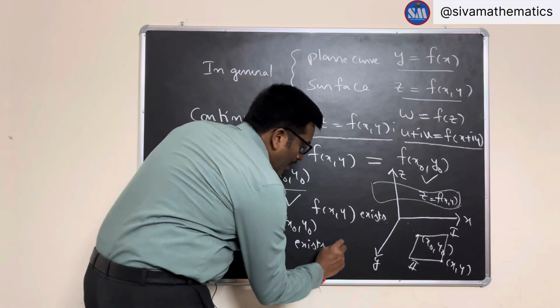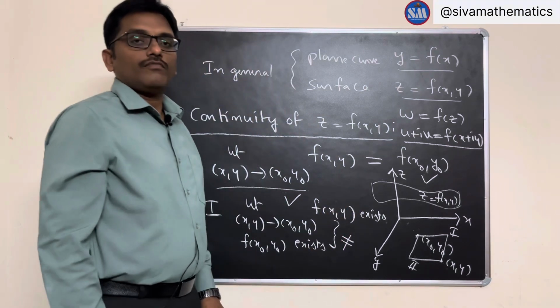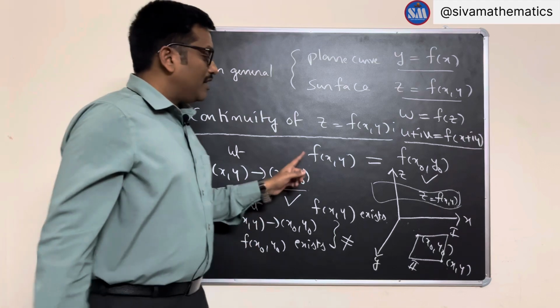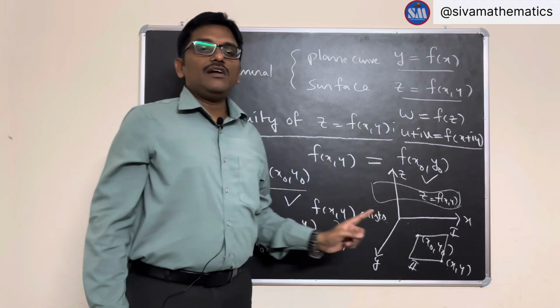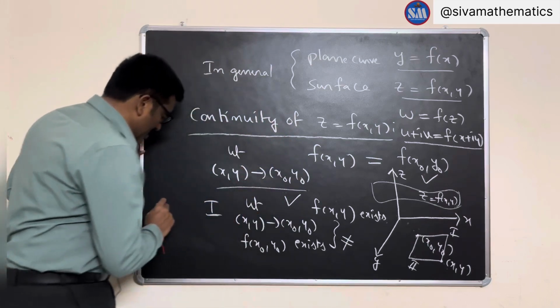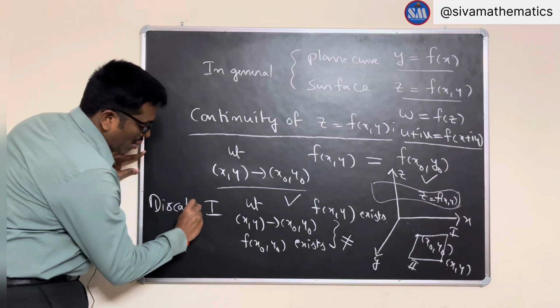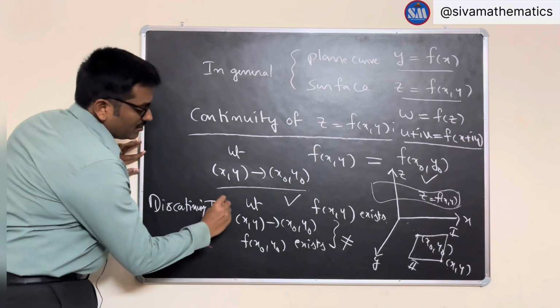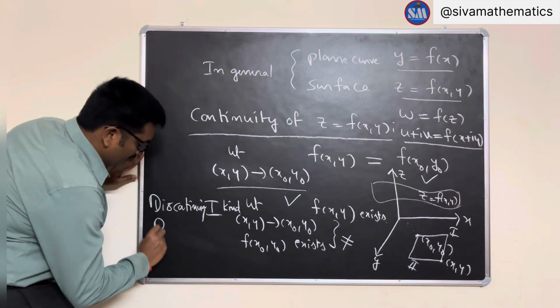Both are unequal. Then we say the function is discontinuous at x naught comma y naught. This is called discontinuity of the first kind, or we say removable discontinuity.